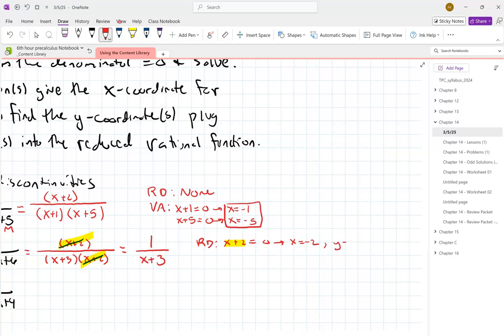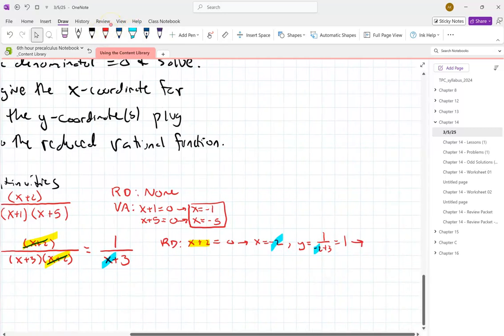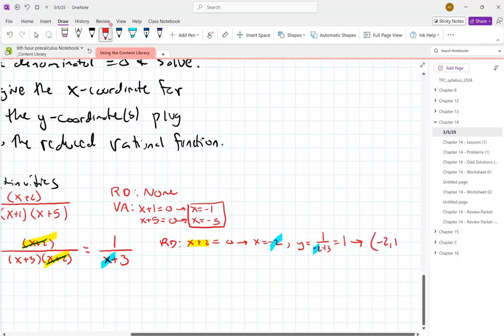To find its y coordinate, I'll take that -2 and plug it into my reduced version. That gives me 1. So my removable discontinuity is the point (-2, 1). That's where the hole in my graph would be, the location where there is no point. We just draw it with an open circle on our graph like I did in the previous picture above. Everybody's cool?